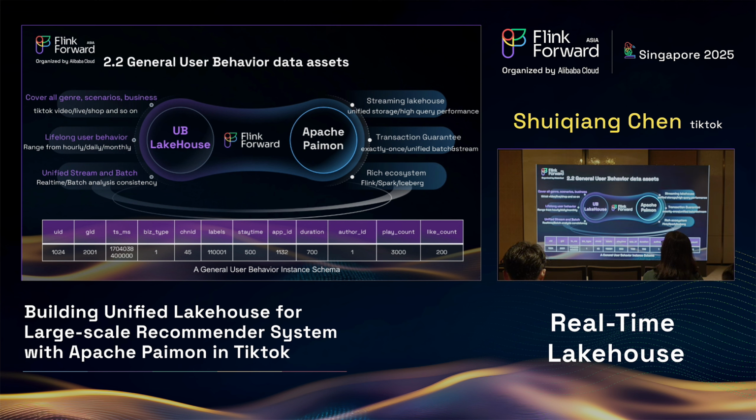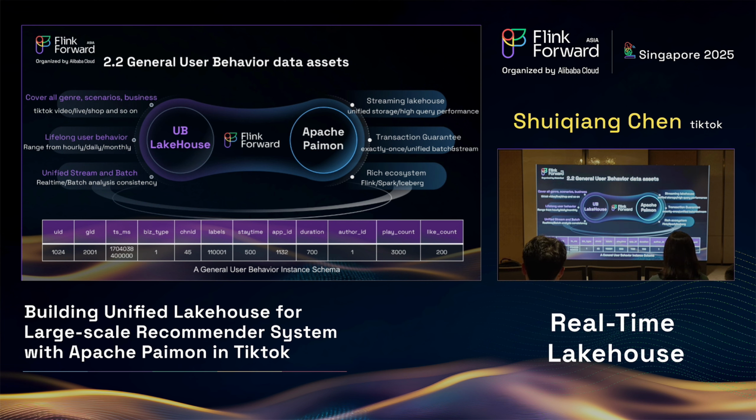It's a lakehouse that can cover and be shared by all genres, scenarios, and businesses in the TikTok ecosystem. It tracks lifelong user behavior with a general schema, and a time range that spans from hourly, daily, to monthly, even yearly. It should also be a stream and batch unified storage that provides real-time and batch analysis consistency.